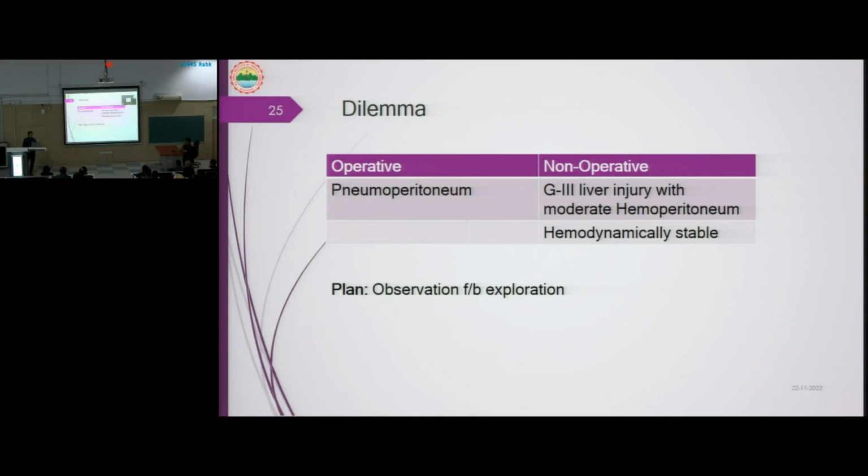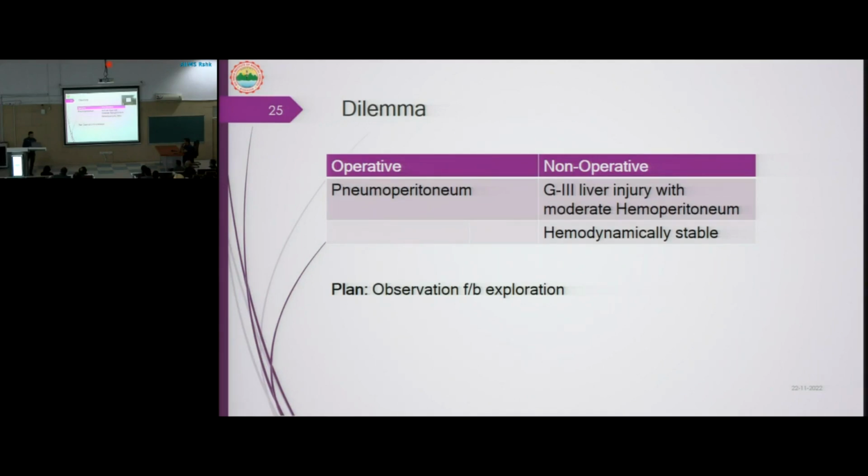One such case has been managed in our department in the last 1 month. The factors favoring non-operative management were grade 3 liver and grade 3 kidney injury with moderate hemoperitoneum with hemodynamic stability. Grade 3 liver injuries are usually managed with conservative non-operative management.